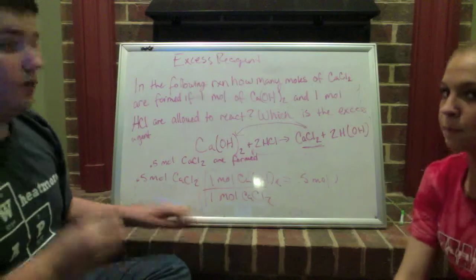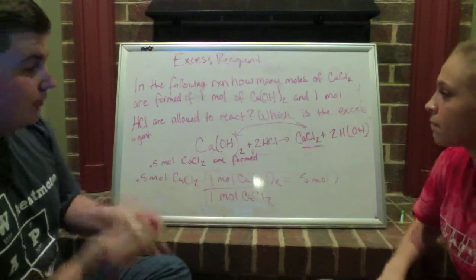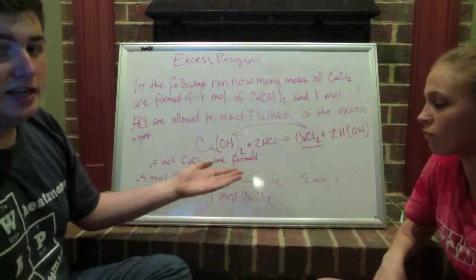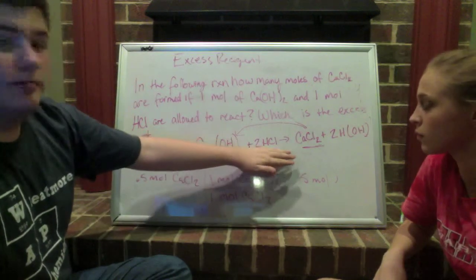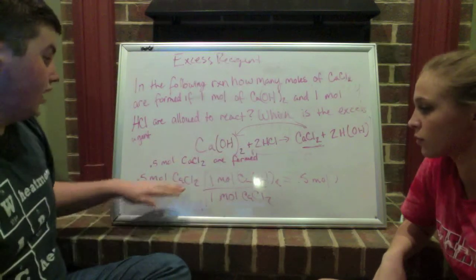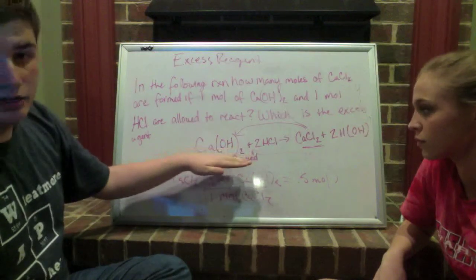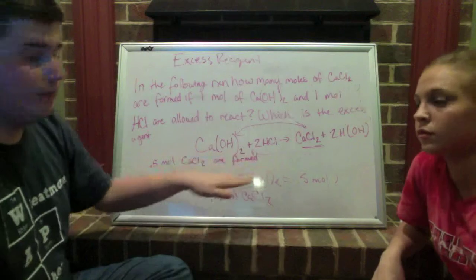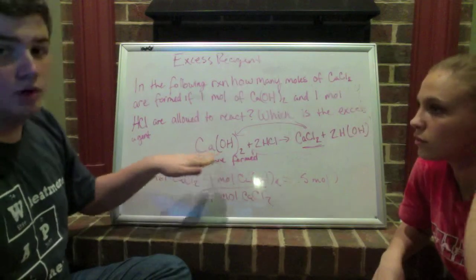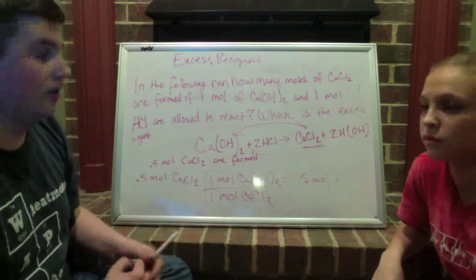So basically what that means is, after this reaction has completely taken place, since hydrochloric acid is the limiting reagent and you only use half of that calcium hydroxide, then half of it's still left over. So you would still have 0.5 moles of unused calcium hydroxide.